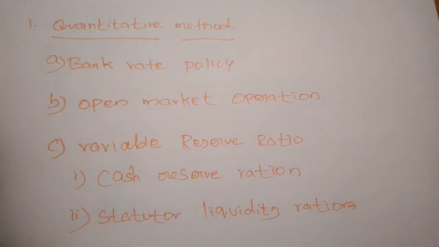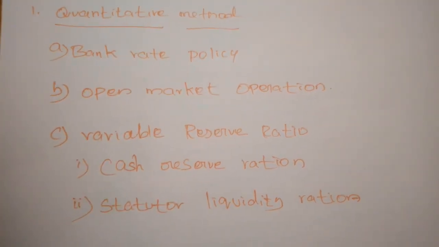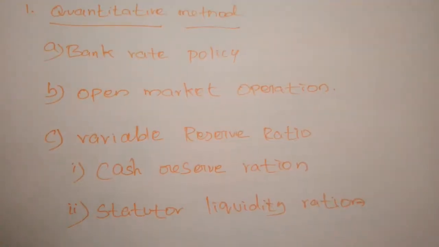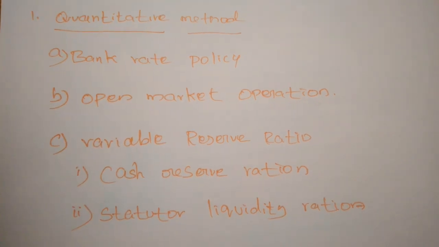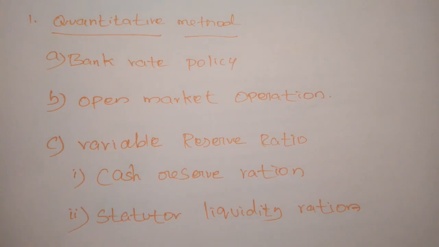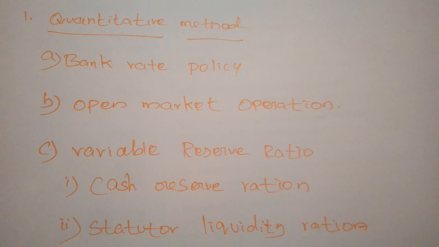Now, if an economic problem, an inflation or deflation situation, arises, the Reserve Bank of India will approach the commercial banks to increase or decrease the rate of interest on the basis of inflation and deflation.